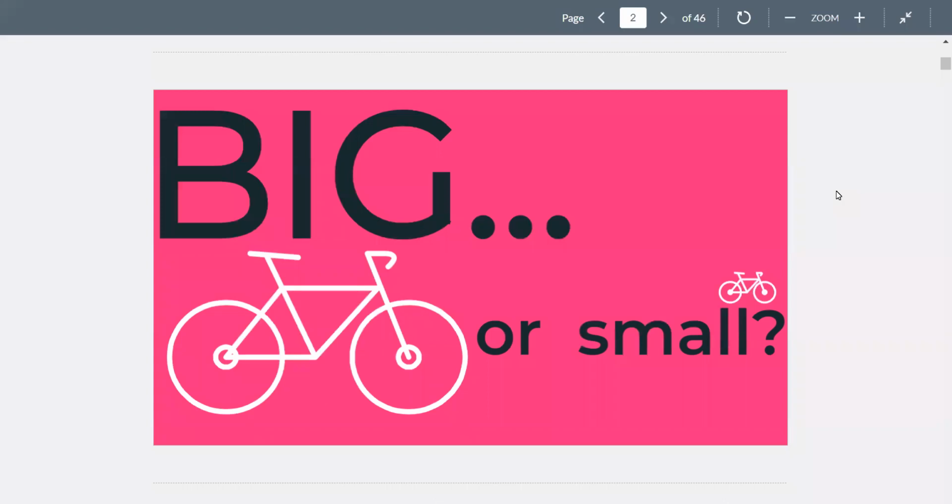Just simply say this is bigger than the one over there. So big and small. But if we have this bike without that one, we can only say that's a bike. We cannot say it's bigger or smaller because there is nothing to compare it to. So scale and proportion is all about comparing.